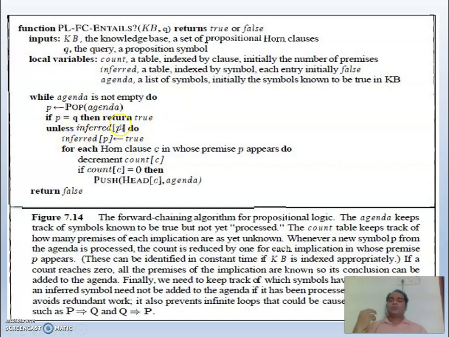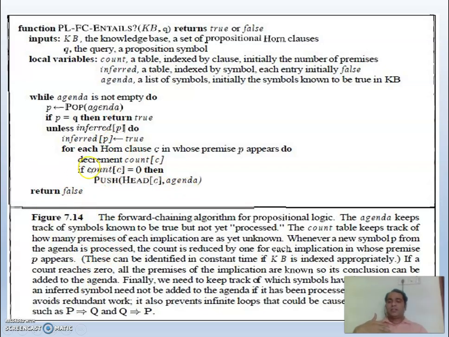Else you try to infer further, making use of P. When you are inferring P, make it true, and for each Horn clause C in whose premise P appears, using P, try to identify the Horn clauses where P appears and then decrement the count of C. That means that premise is used. If count of C is equal to 0, that means there are no more premises, so you can push the head of C into the agenda. That is done. So further you can go on likewise.